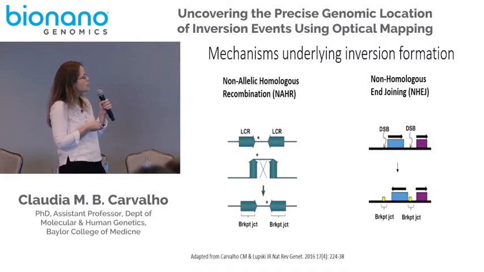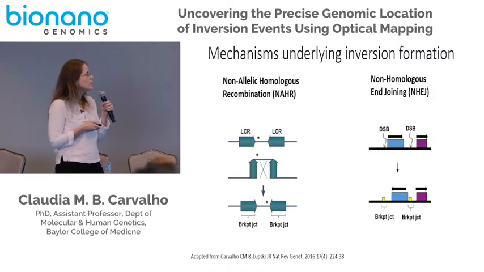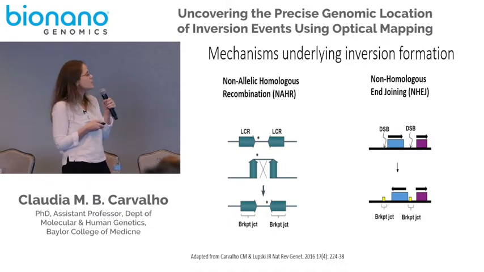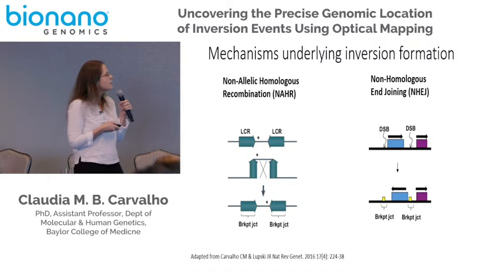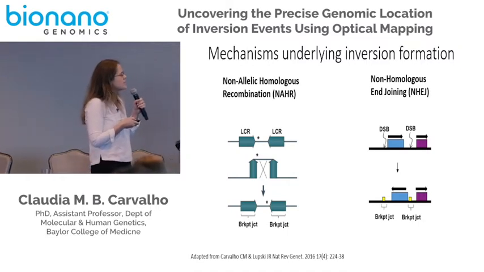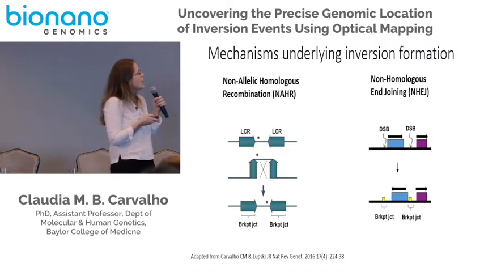So the breakpoint junctions will be inside the repeats. This is a very important mechanism for formation of inversions because the human genome contains around 50% repeats. The segmental duplications that Jennifer mentioned account for more or less 5% of the genome.